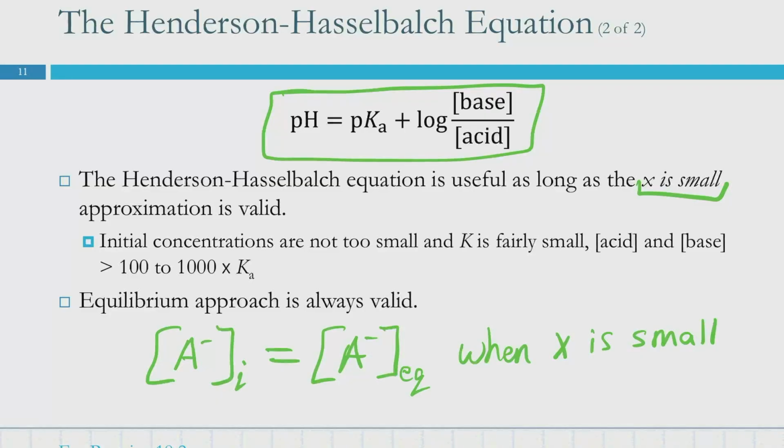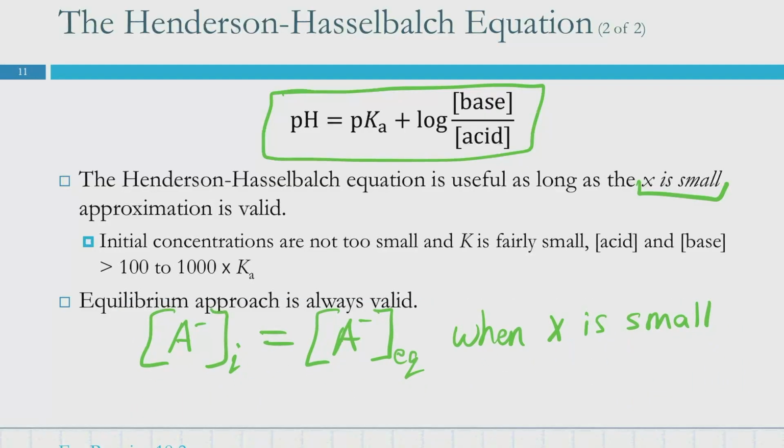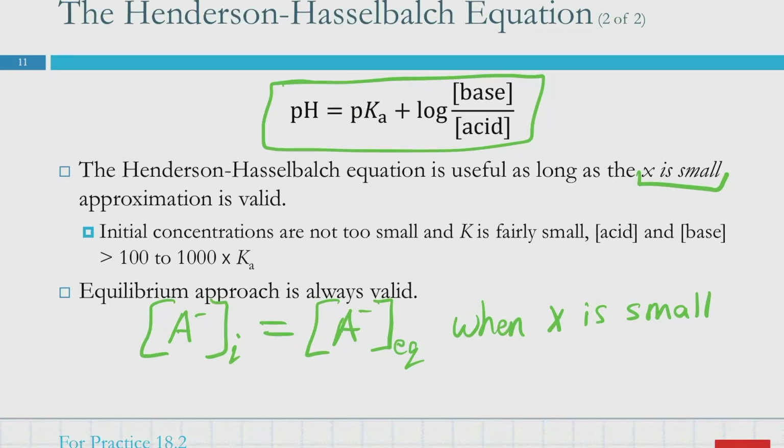our A minus at equilibrium is the initial concentration, and it's going to be plus x. So thinking back to our ice table, if x is not small, then we've got a plus x term that goes along with our A minus.